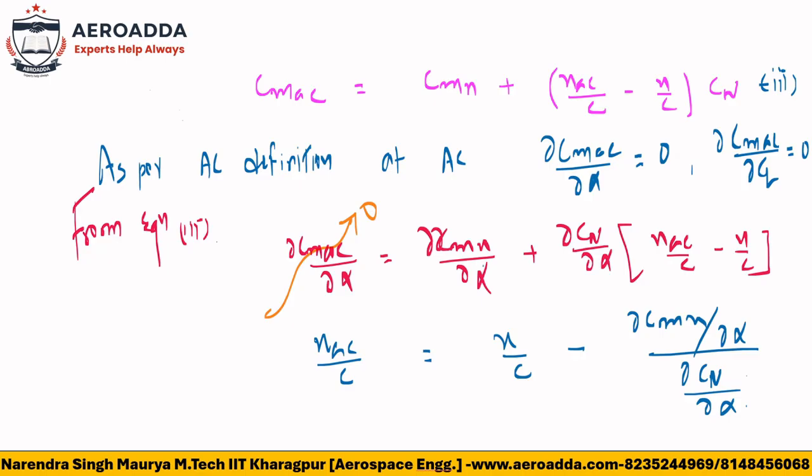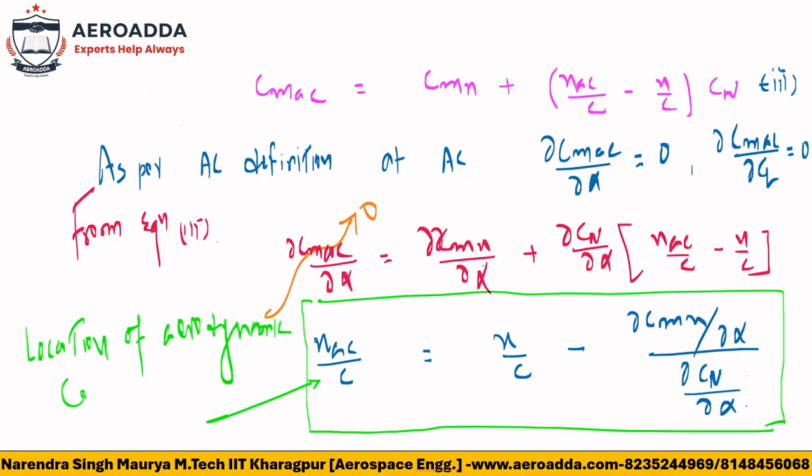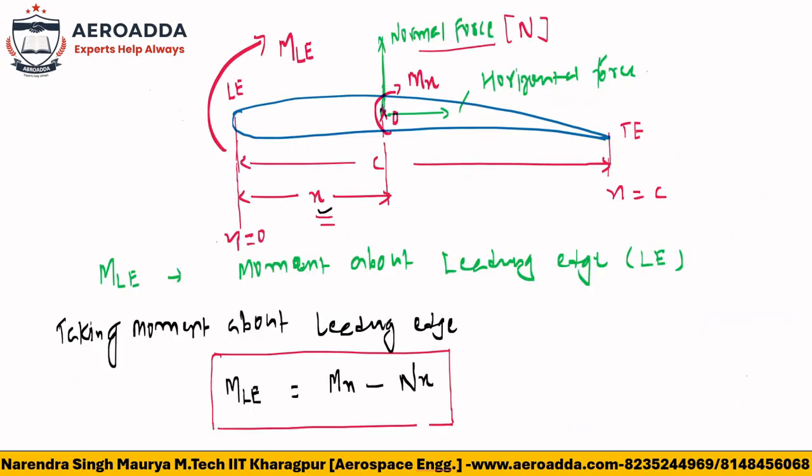So what is this x ac by c? That is important. This x ac by c is the location of the aerodynamic center. Check the diagram here. This is the mx.